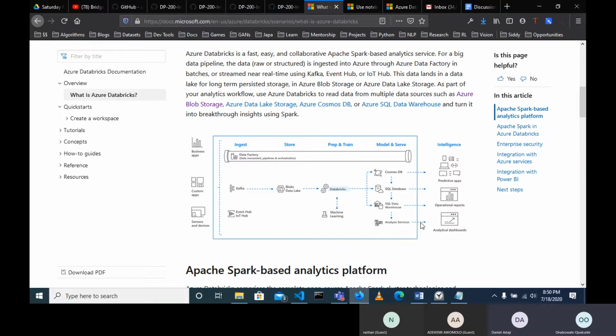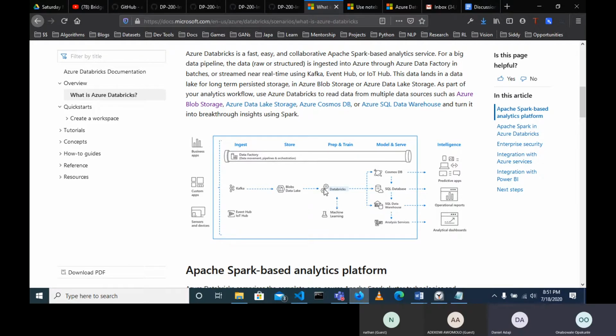It comes in when you are trying to prepare and train your data for predictive analytics, right? Let's say you're collecting data from a business app, ingesting your data from a data factory, then storing that data in a particular storage of your choice.